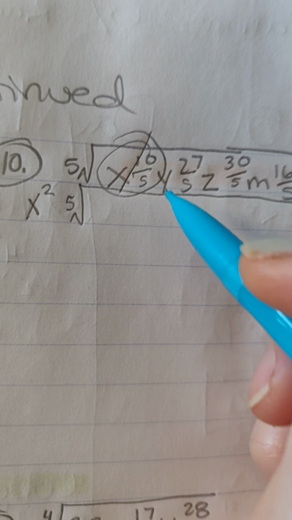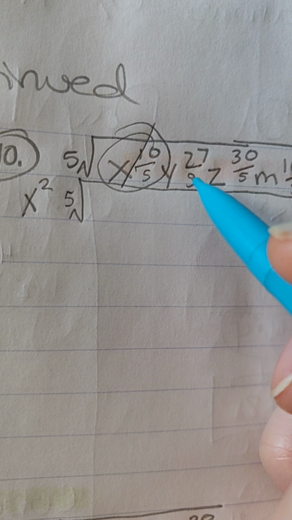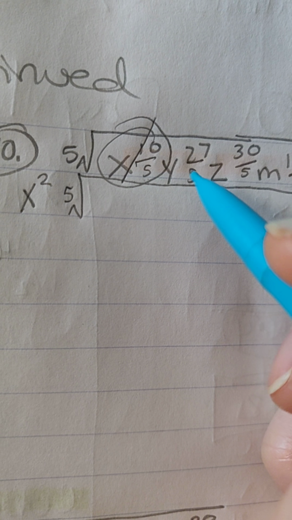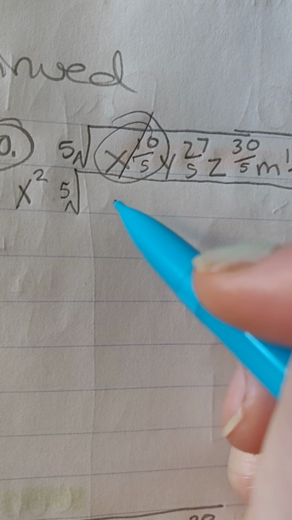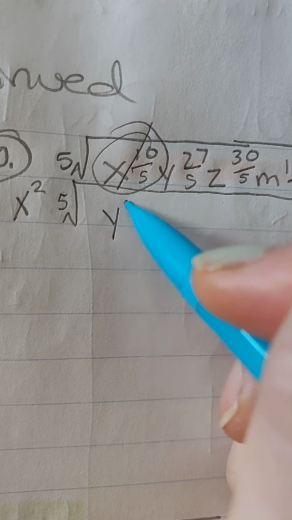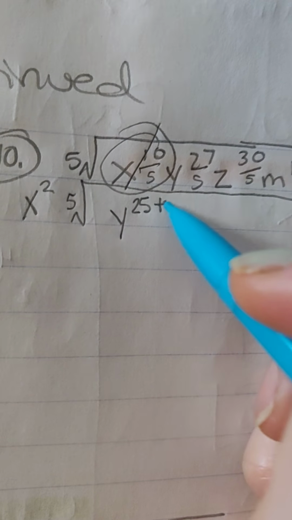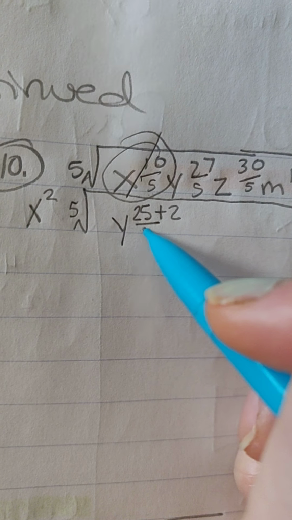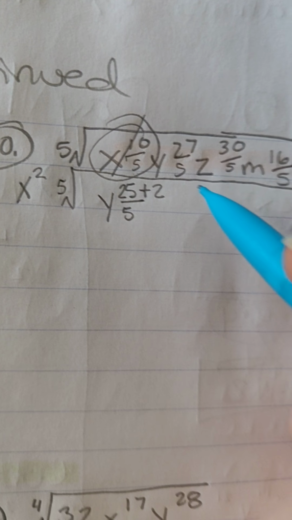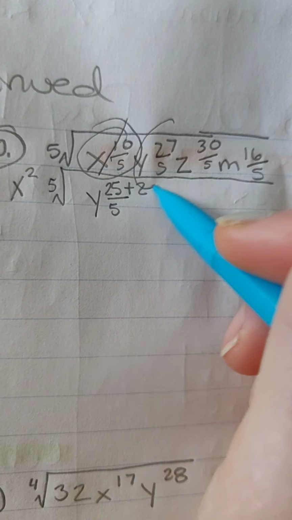So I have x to the 2nd. That's done. Now I've got y to the 27th divided by 5. 25 divides by 5, but 27 does not. So I have y to the 25th plus 2. Take that and divide that by 5. And then I have, that's my y's.